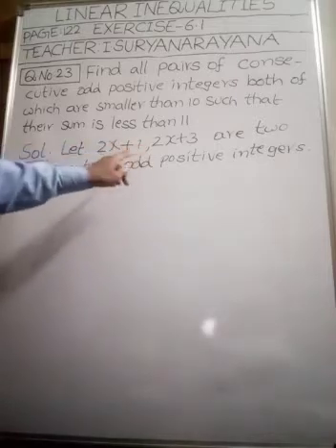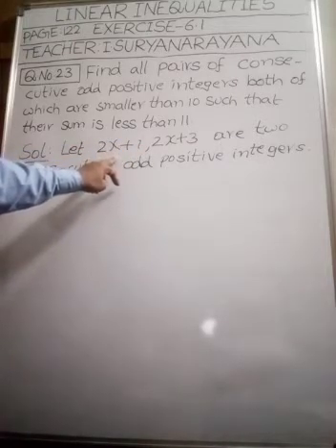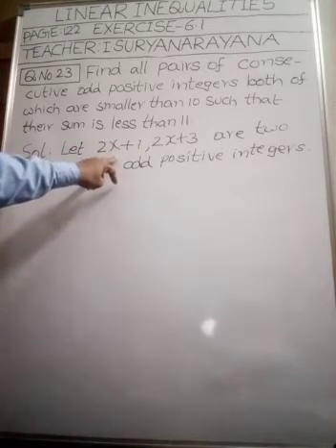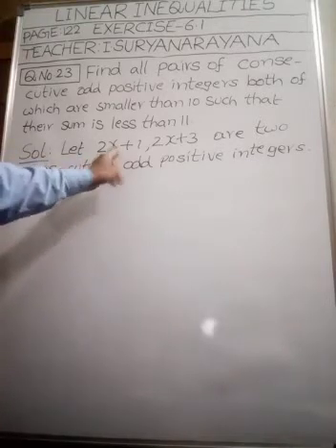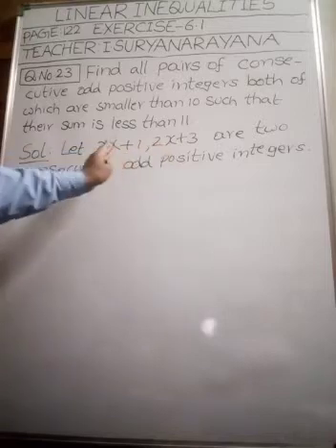We have taken like this: 2x plus 1 is the general form of an odd natural number. Then the next odd natural number is plus 2.